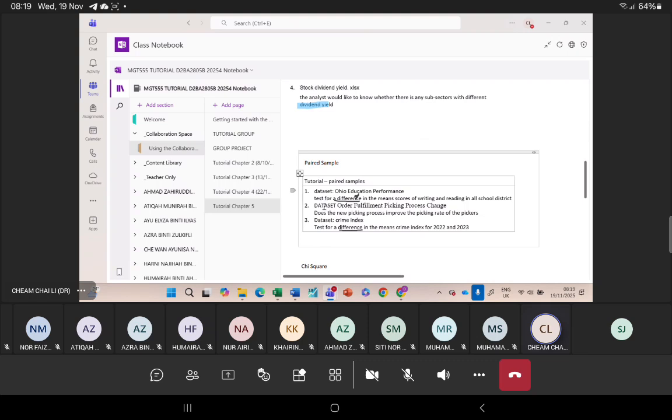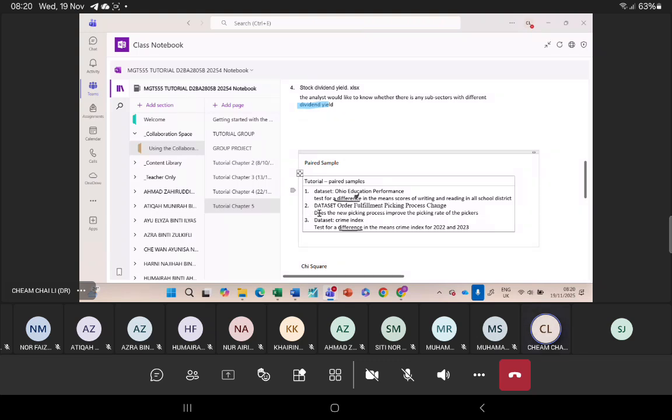For question 1 also the same. Test for a difference in the mean score of writing and reading. This we saw just now. So the question is we want to check whether for each element or each district, the writing and reading scores are different. So you need to put this sign in your alternative hypothesis.